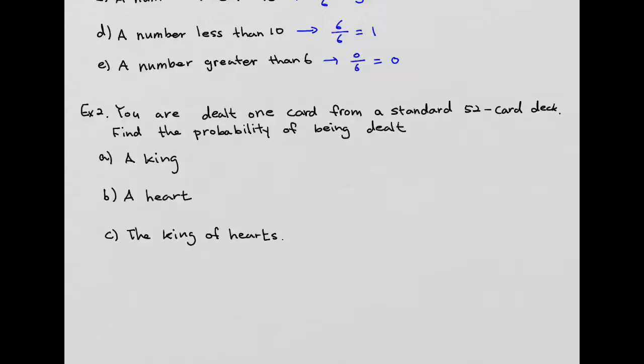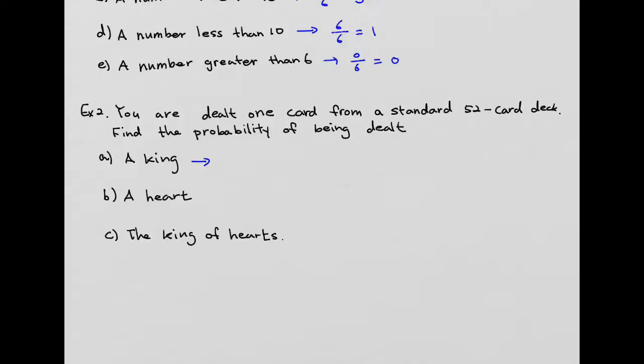What about if we have a card? Okay, so example 2: you are dealt one card from a standard deck of 52 cards. Find the probability of being dealt a king. So what will be the probability of getting a king when you have 52 standard cards?